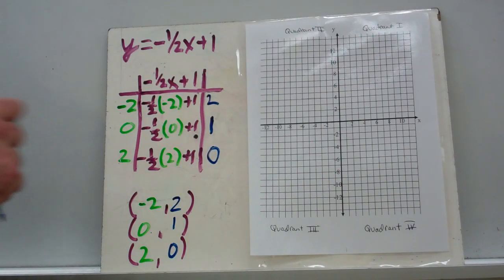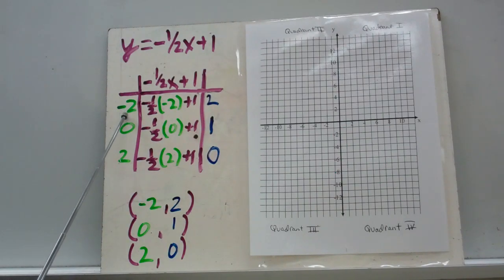Then I put my 0 in, so 0 times anything is 0. So plus 1 is 1. And then I put my 2 in, so -1/2 times 2, so negative times a positive is a negative, and then 1/2 of 2 is 1, so I have -1 plus 1, which leaves me with 0.